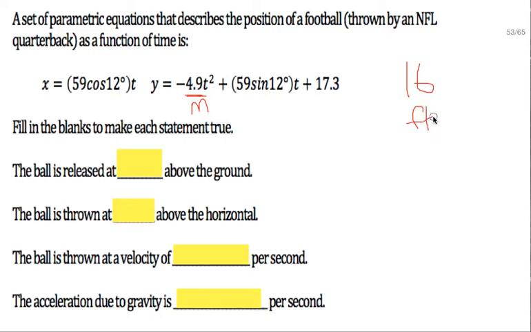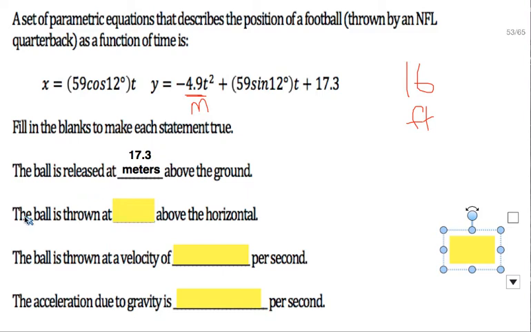Okay, so because we have a 4.9 here, all of our units of measurement are going to be in meters, and the initial height is the constant term in the y formula. So the ball is released from 17.3 meters above the ground.